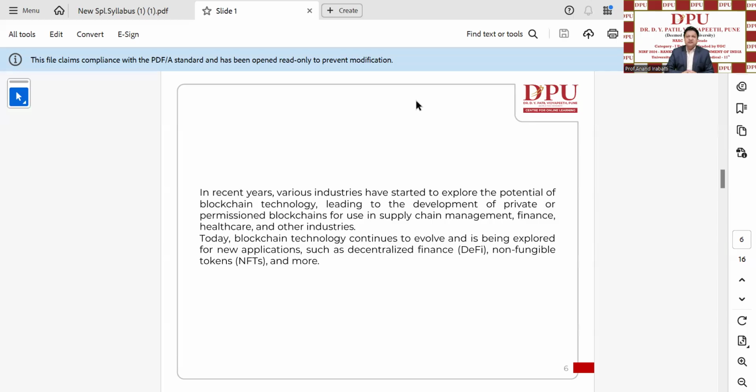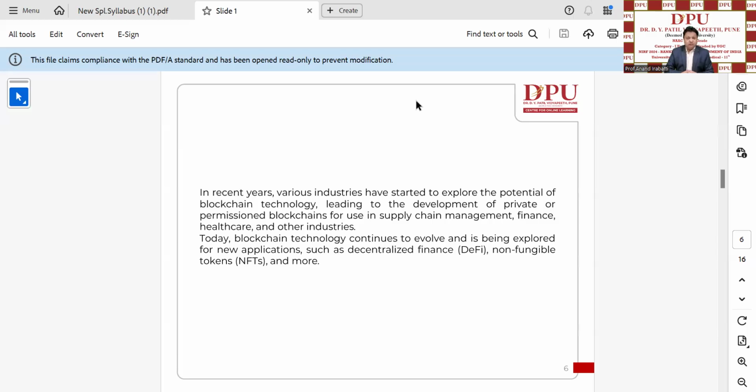It is also being explored for new applications, such as decentralized finance, that we know as DeFi. Again, we could use it for NFTs, that is non-fungible tokens. By using NFTs, we can represent virtual or non-virtual assets on a blockchain platform.